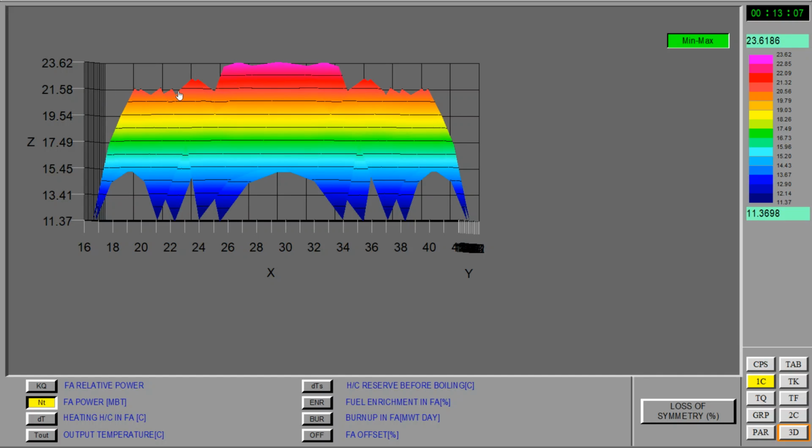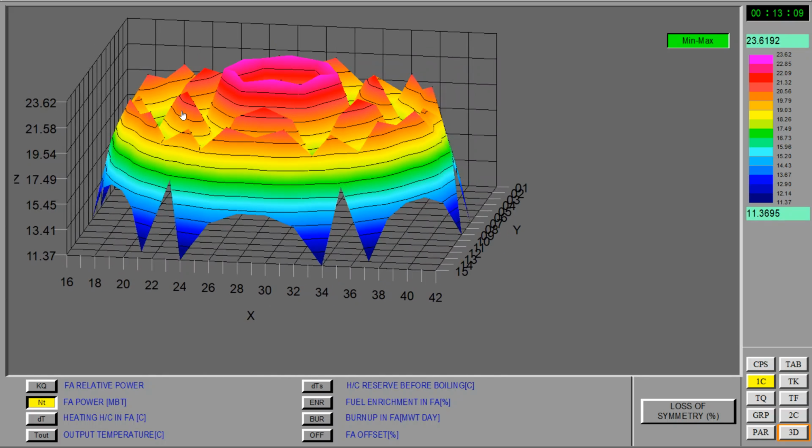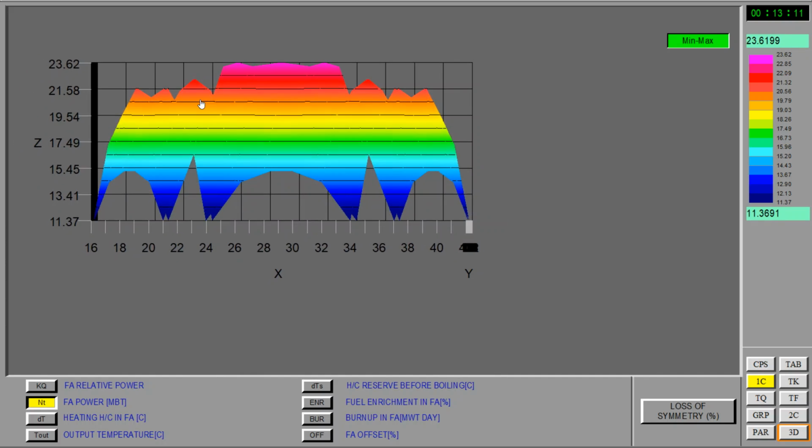And then there is a plateau in the rest of the reactor with peaks at 21.58. Okay, and I will just write down the minimum at 11.37.